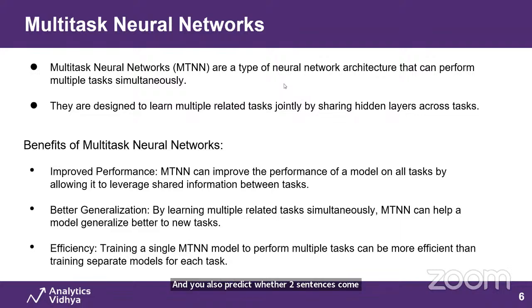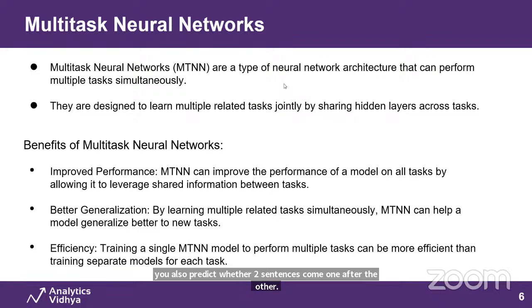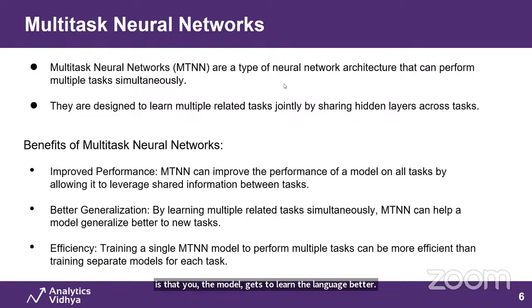The idea behind that is that the model gets to learn the language better, right? Because it's trained on two separate tasks, they might have different learnings. So the idea is you train it on two separate tasks which are kind of related. Both need you to understand the language. So that's an example where multitask learning is used.